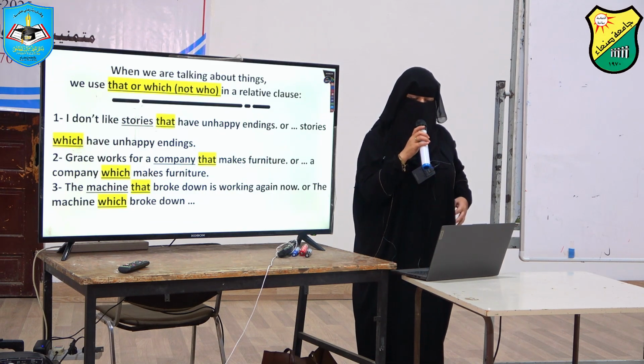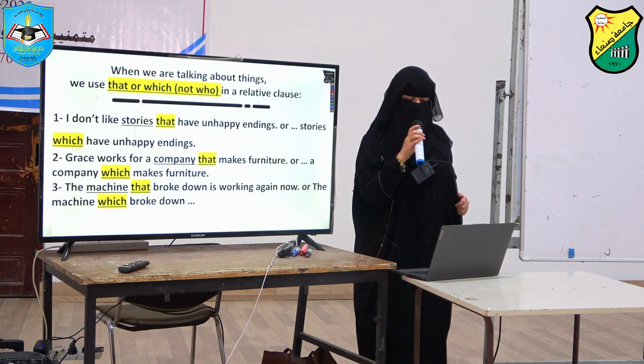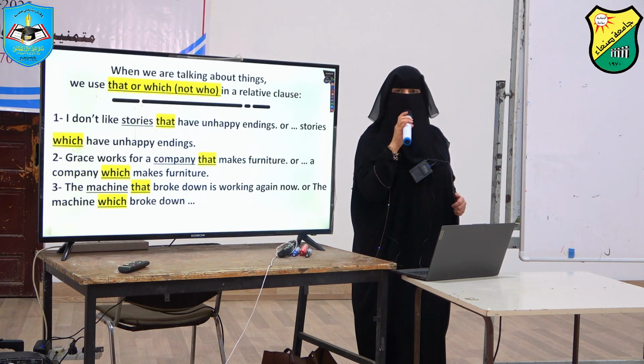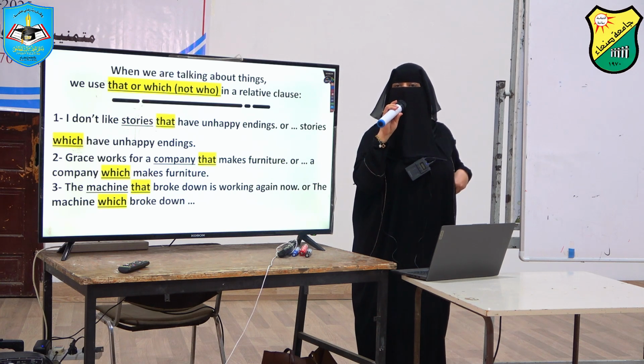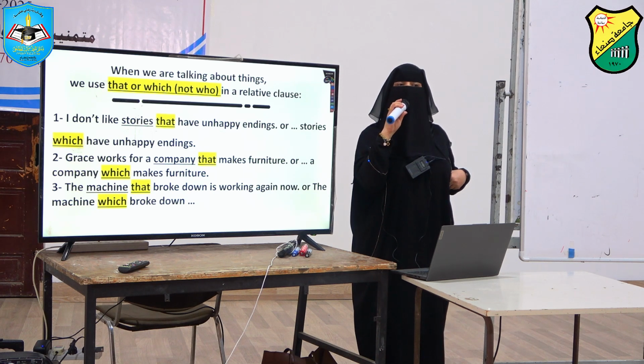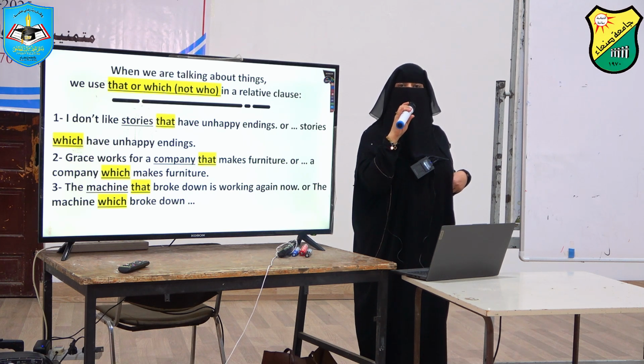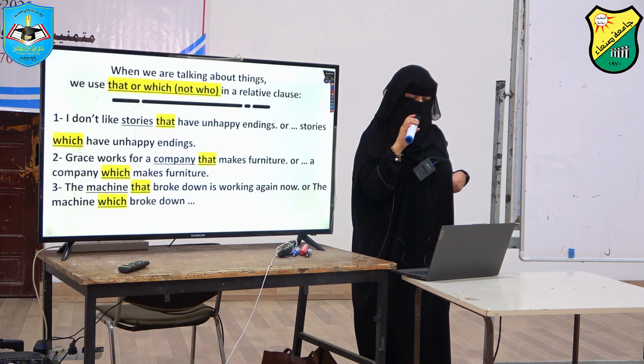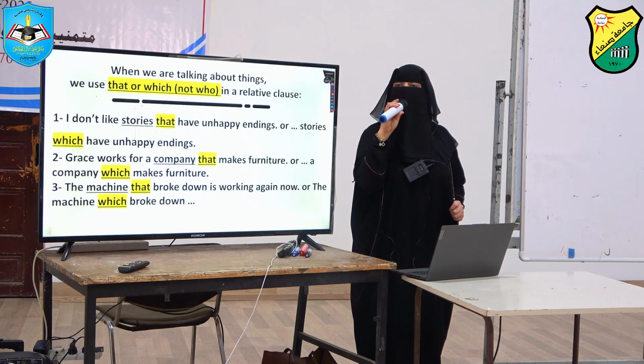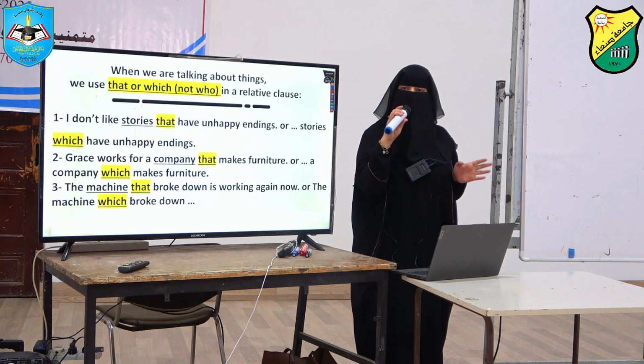Okay, when we are talking about things we use that or which, not who. In relative clauses, sometimes that can replace who. That can be used instead of who or instead of which. Okay, here we have examples. I don't like stories that. Why did I say that? Because stories are things.